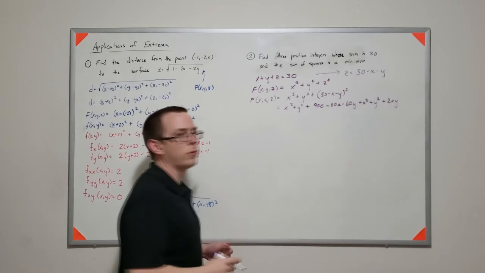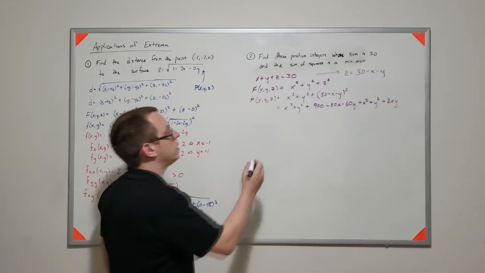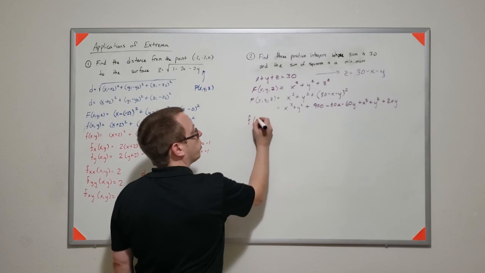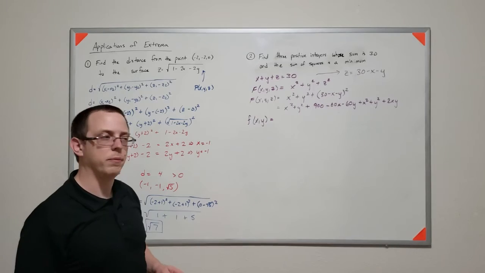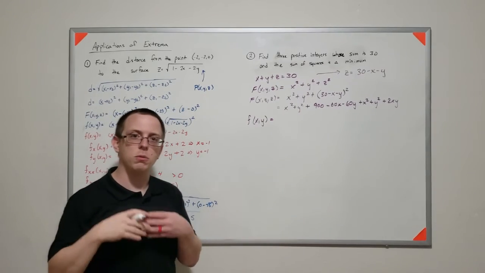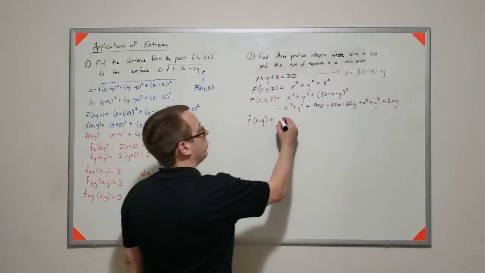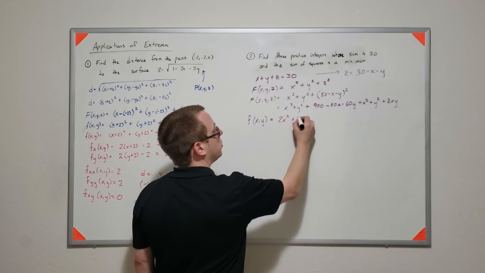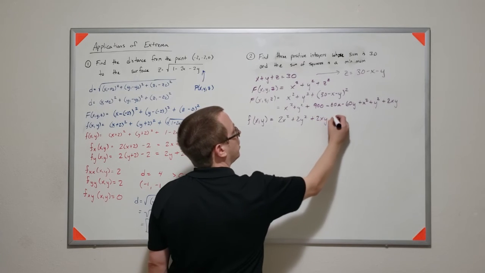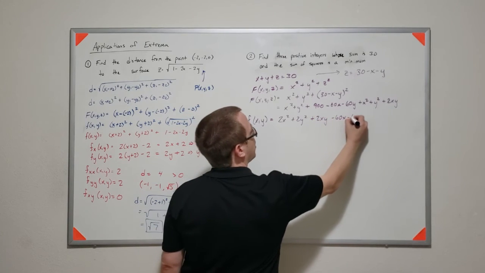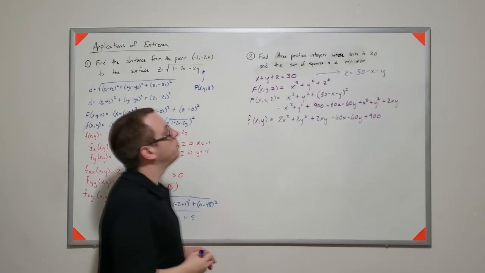All that together gives us a function of just x and y, which makes our lives easier because we won't have to worry about partials with respect to z. That gives us 2x squared plus 2y squared plus 2xy minus 60x minus 60y plus 900.